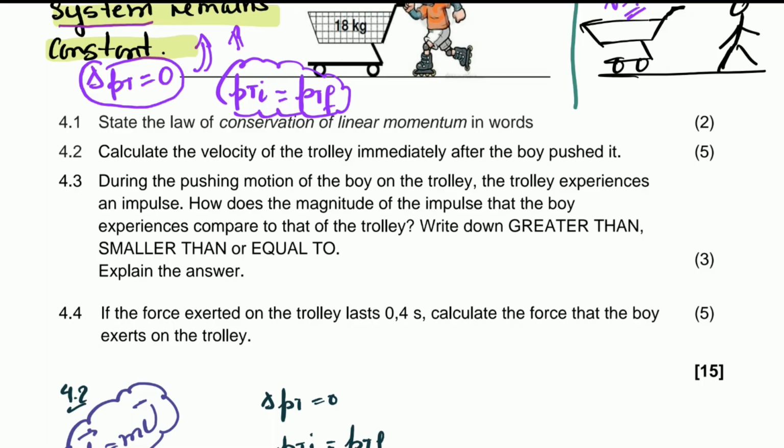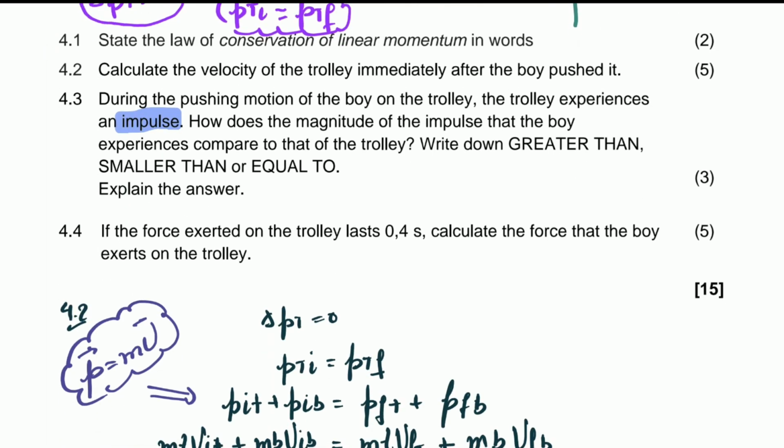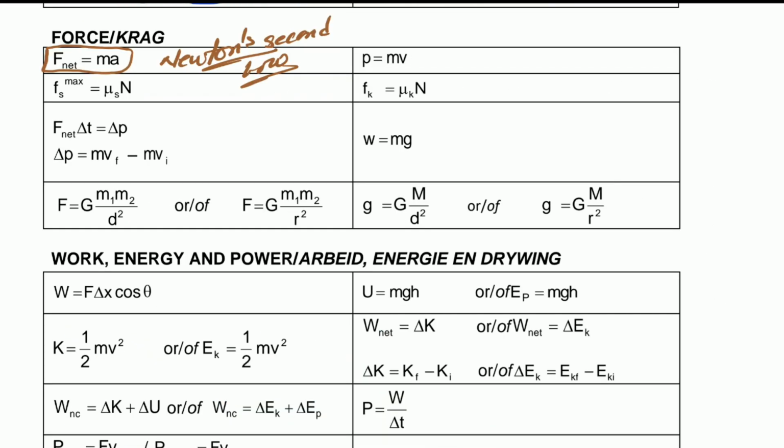During the pushing motion, the boy on the trolley experienced an impulse. Now, impulse. I want to quickly go to the definition of impulse, and you know what? Impulse is in the formulas, guys. I want you to know that in the formulas, this one here is impulse.